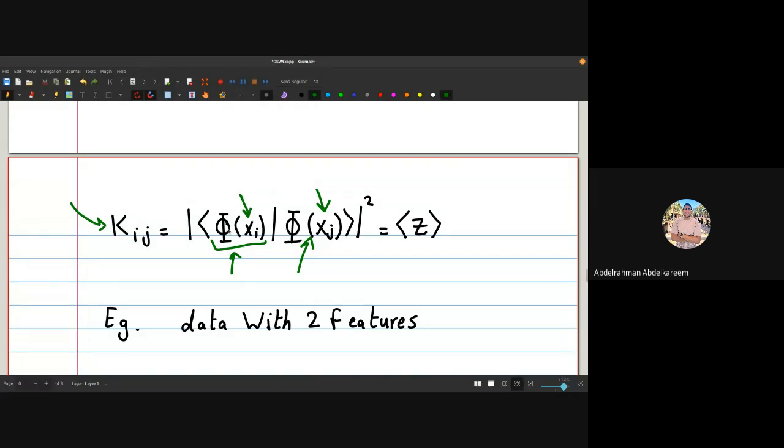So I was saying, if I want to calculate an element in the kernel matrix, which is two states, we encode it.